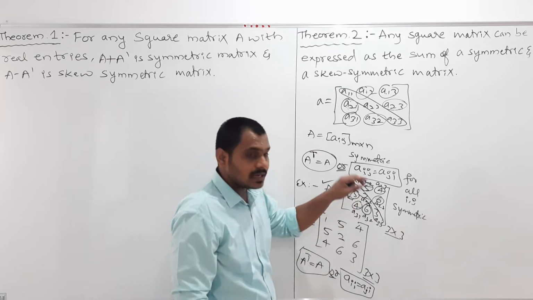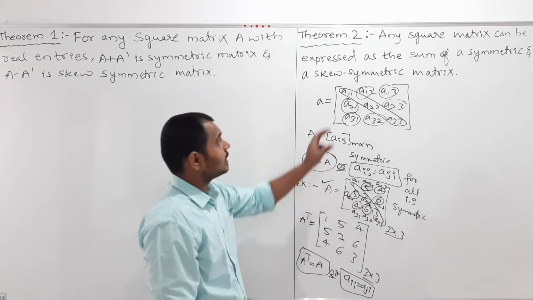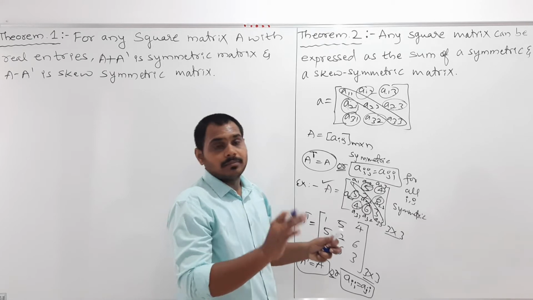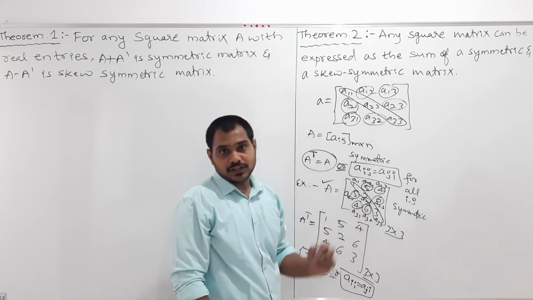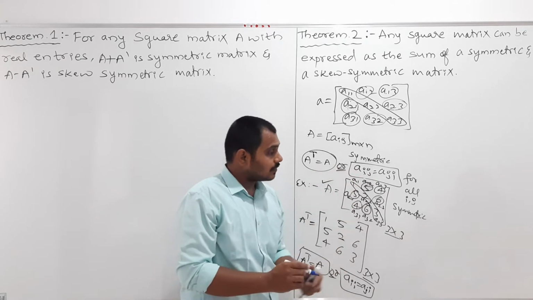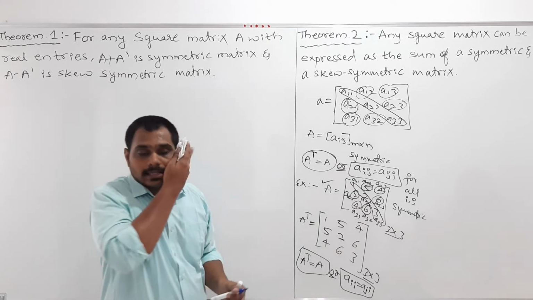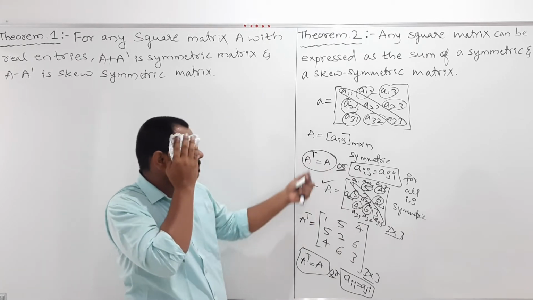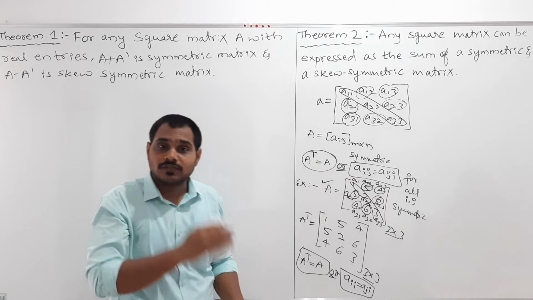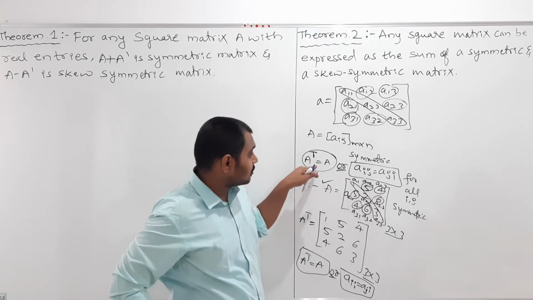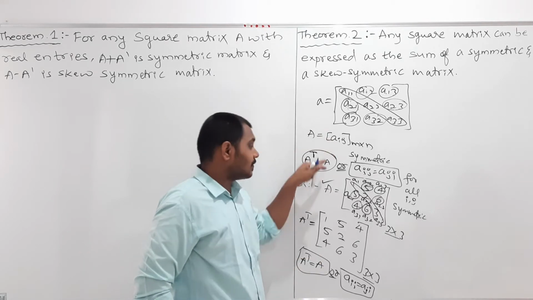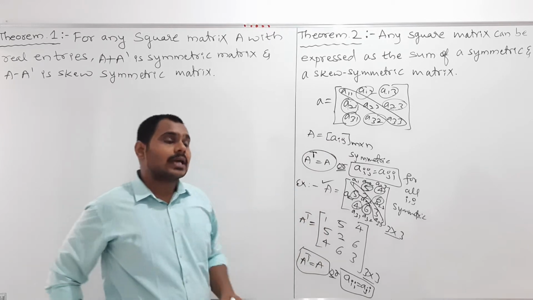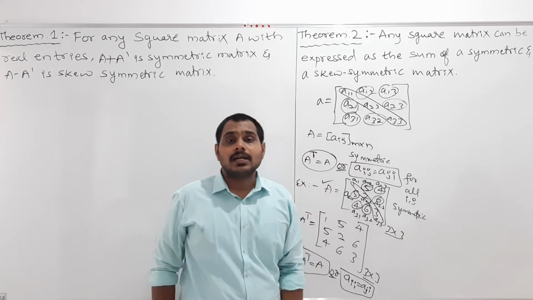If this is happening in any given matrix, then we can call it a symmetric matrix. This is just by this definition. Or else, if you are confused with all this, you can simply say that if you take the transpose of any matrix A, and the transpose and the given matrix A are equal, then A is a symmetric matrix.